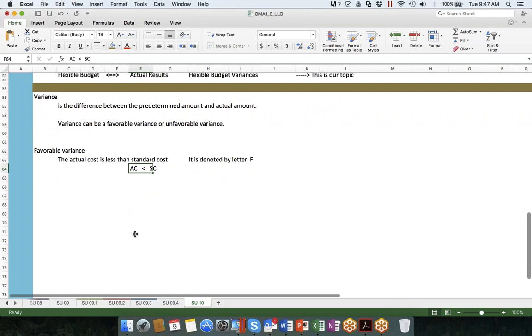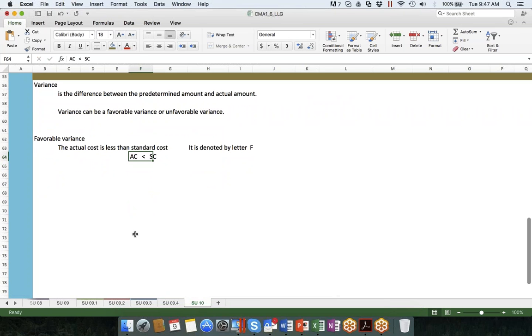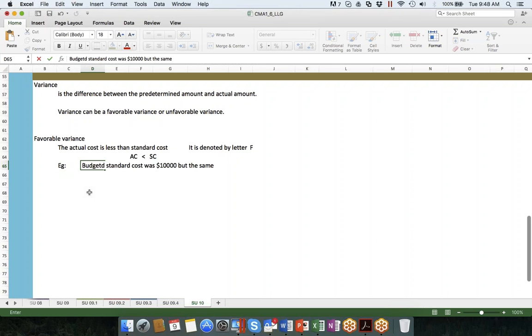We estimated that the cost would be $10,000, but we spent only $9,500. So there will be a favorable variance of $500. Example: the budgeted standard cost was $10,000, but at the same activity level, the actual cost incurred was $9,500.